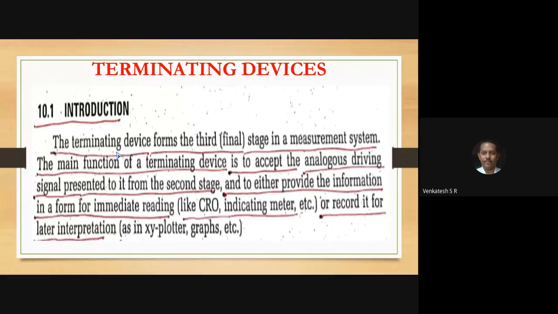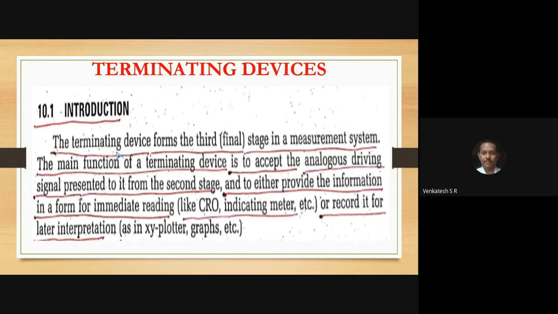Say the terminating devices. The name itself indicates terminating devices. That is the output coming from the measurement that you have to analyze, study, and monitor. So the terminating devices give the result of the measurement that can be understood by the operator or the human being, or is required for monitoring the system.